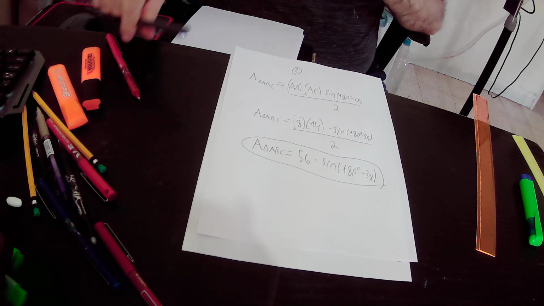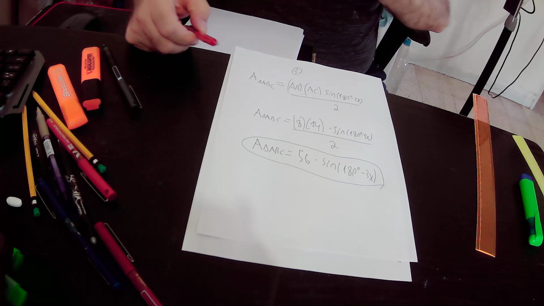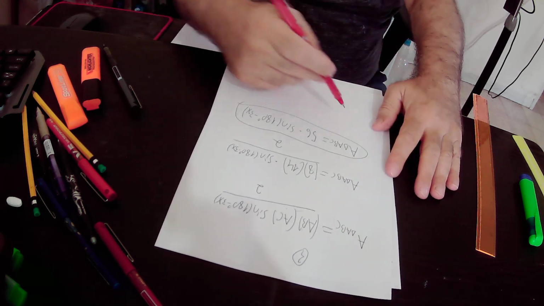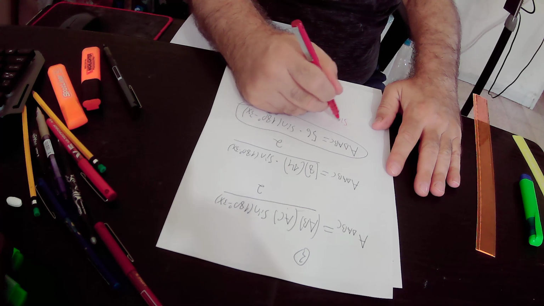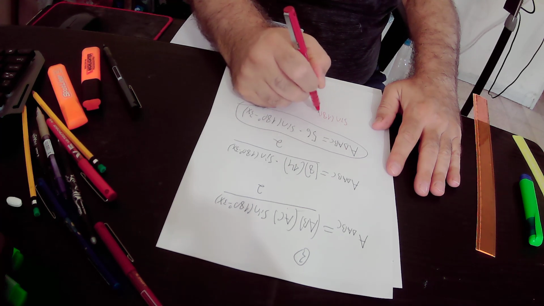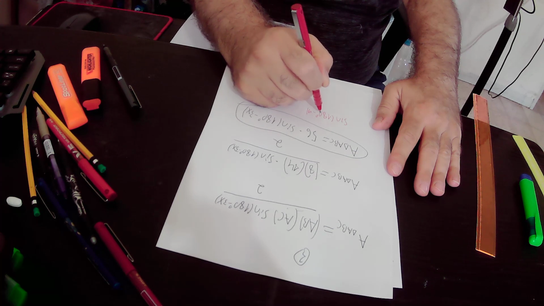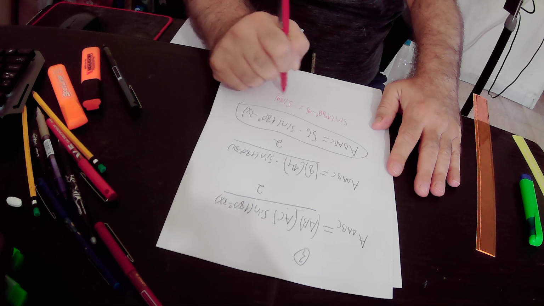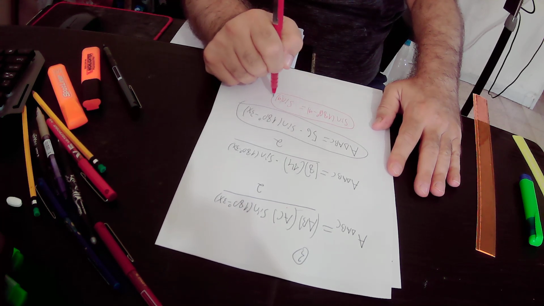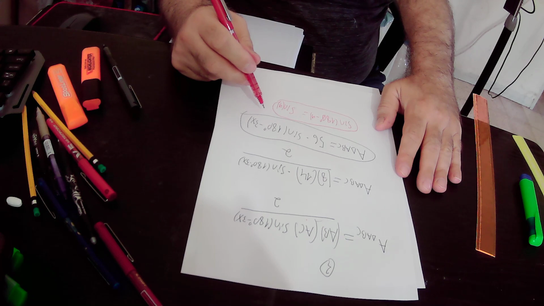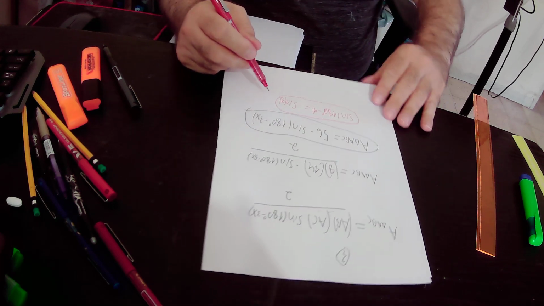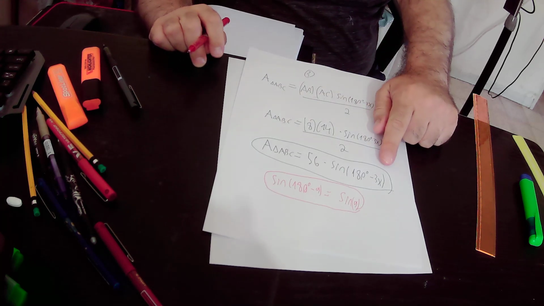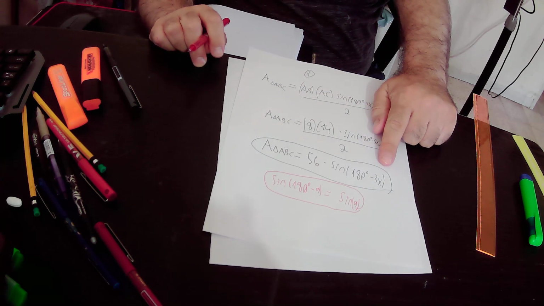Now we have a trigonometric identity that states that the sine of 180 degrees minus alpha equals sine alpha. We can use this trigonometric identity and say that sine of 180 degrees minus 3x equals sine 3x.